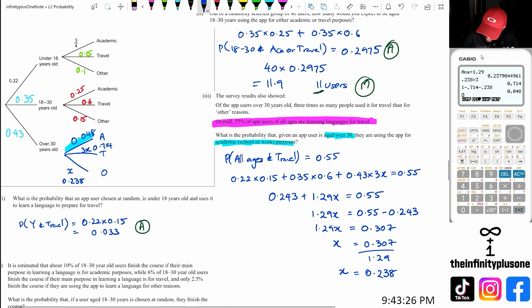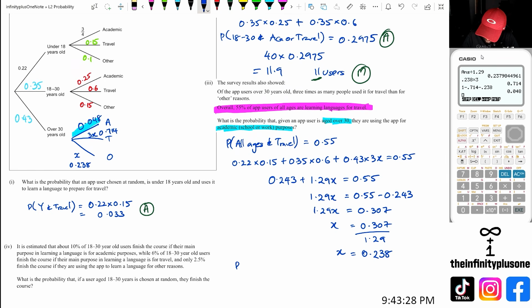So basically I could say the probability of academic, well, given that they're over 30. Sorry, I just realized I'm doing level 2. So how am I going to write this? Probability academic given over 30 is 1 minus 0.238 minus 0.714, which equals 0.048.